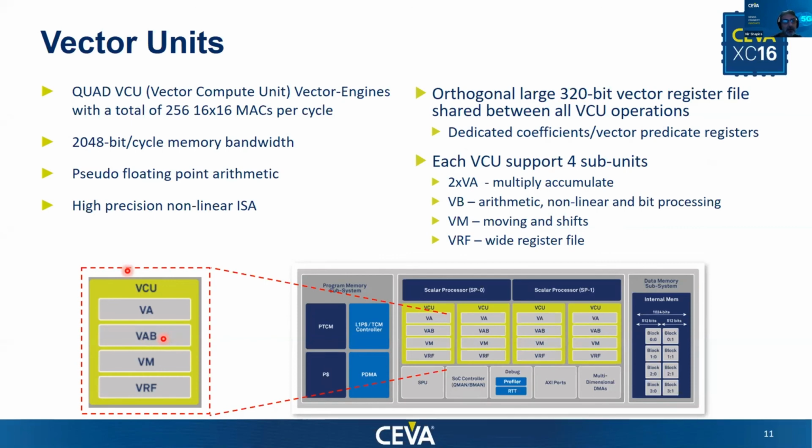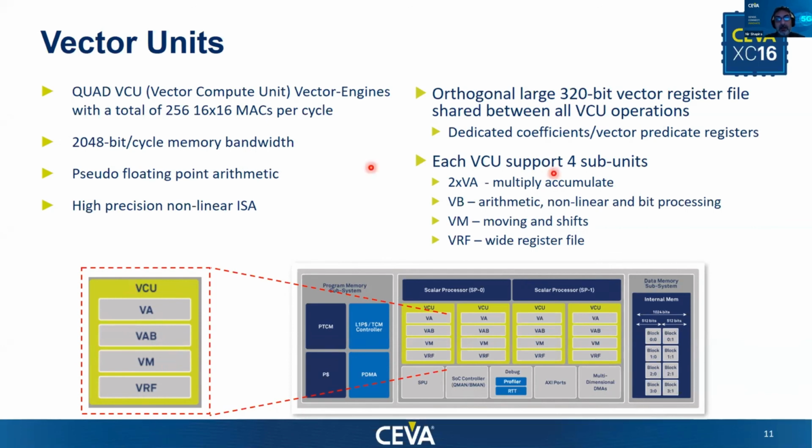non-linear vector operations like square root or 1 over x. And here in this core, this unit is called a VAB, so it can do either more arithmetic stuff or some of these non-linear stuff. And I remind you that this is a VLIW machine, so each VCU can execute a different instruction. Then there are all the vector movement operations and the vector register file.